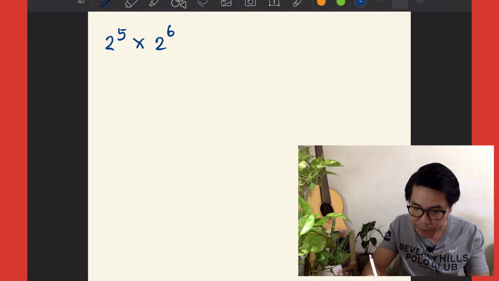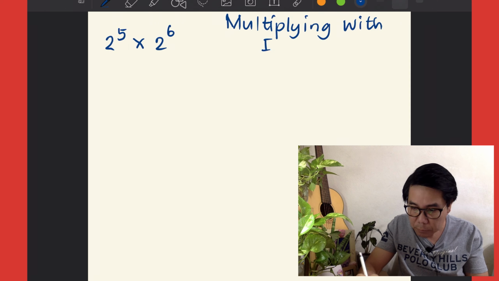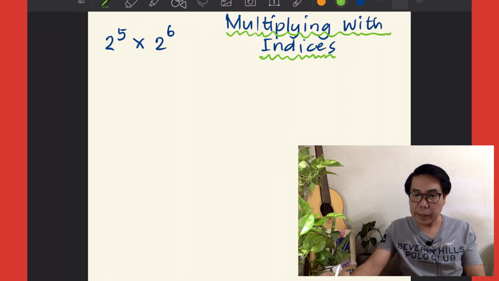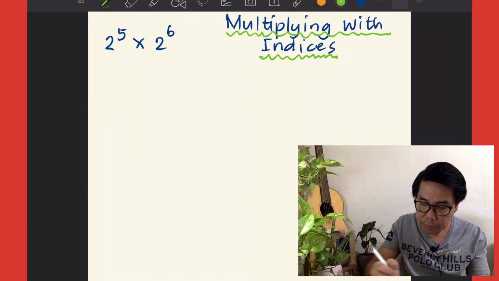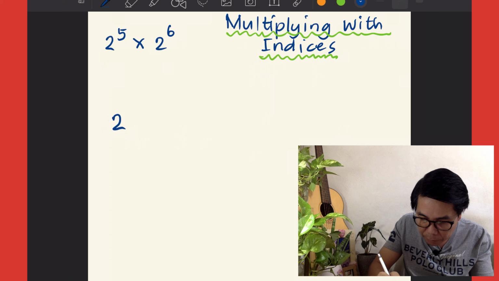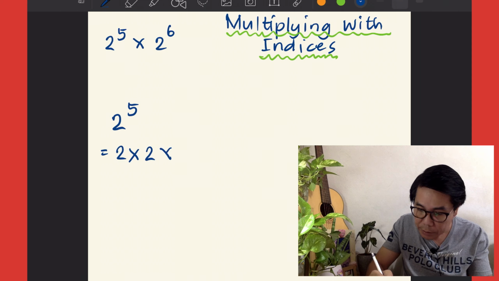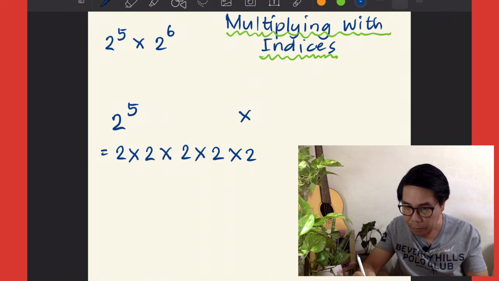So we are now multiplying indices. 2 raised to the power of 5 means we have 2 times 2 times 2 times 2 times 2, times 2 raised to the power of 6.